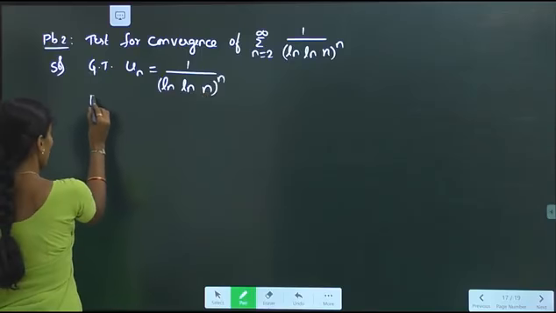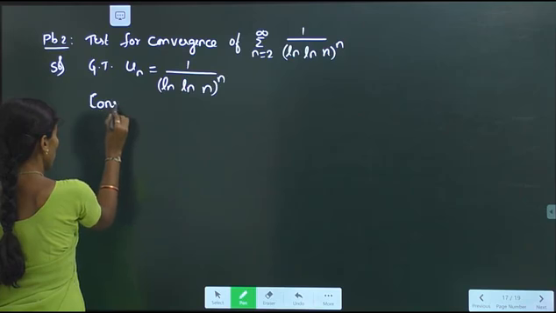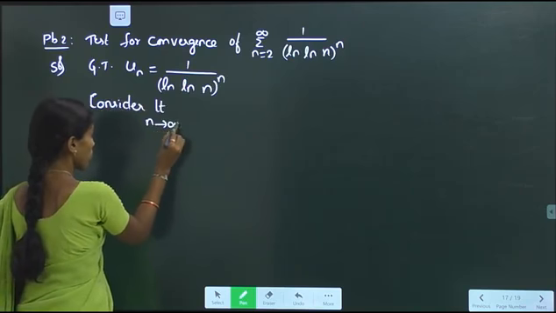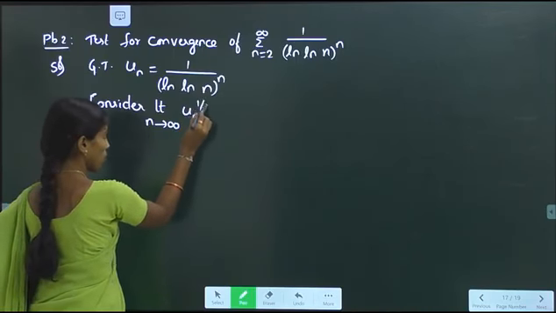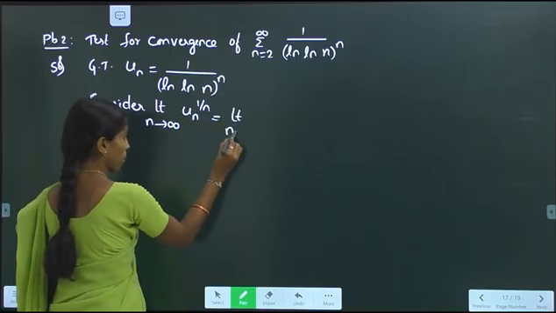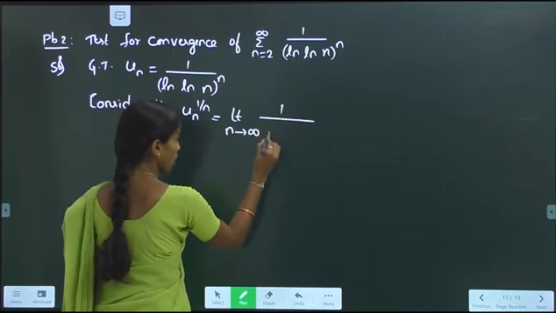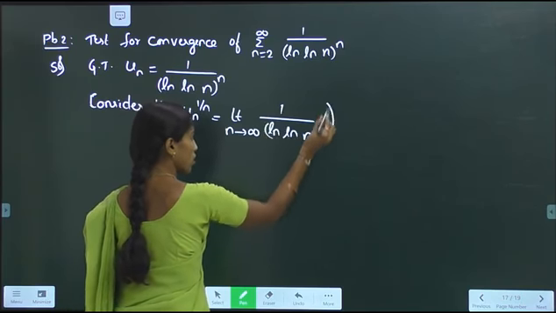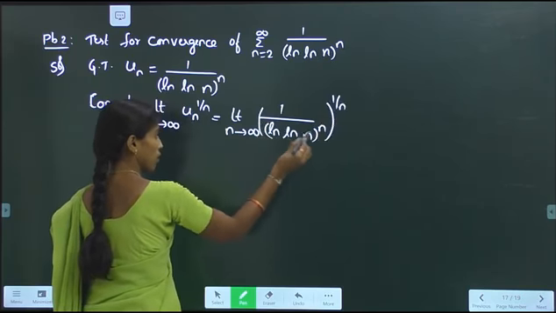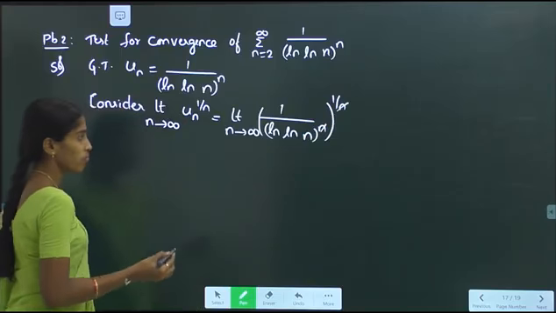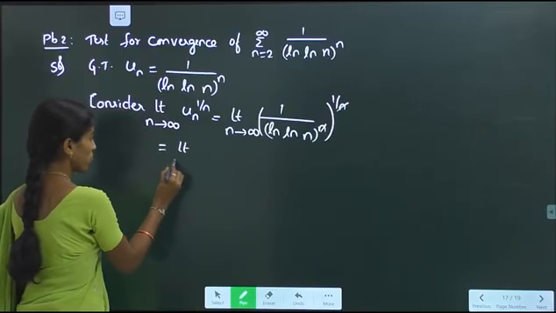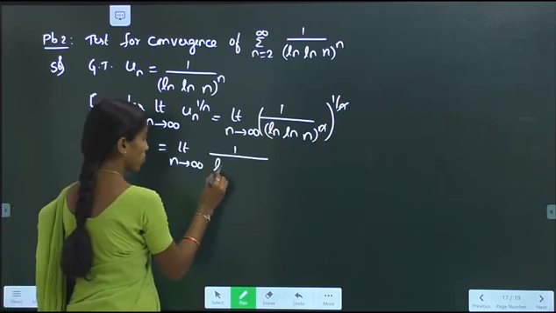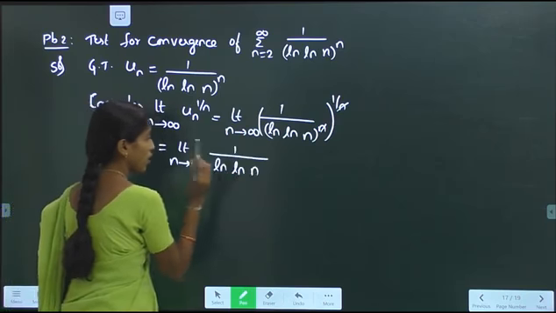So now consider limit n tends to infinity un to the power 1 by n. What is un? 1 by ln of n whole to the power n, again power 1 by n. This n cancels with this n, leaving 1 by ln of n.